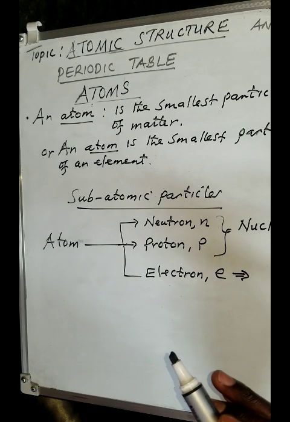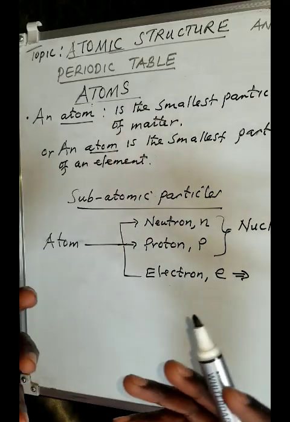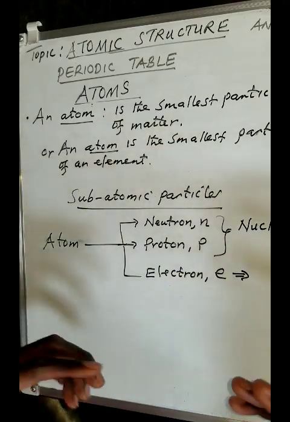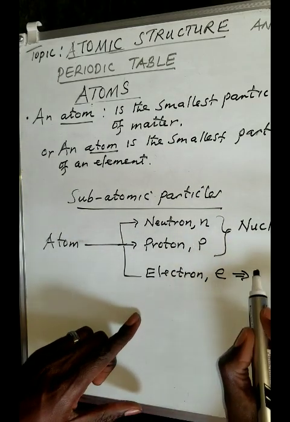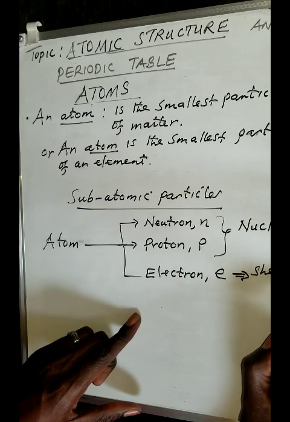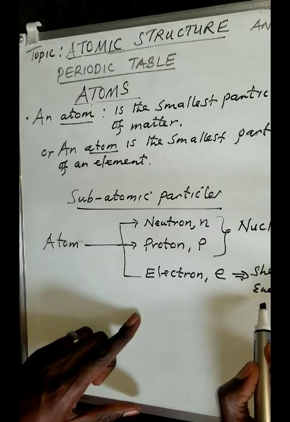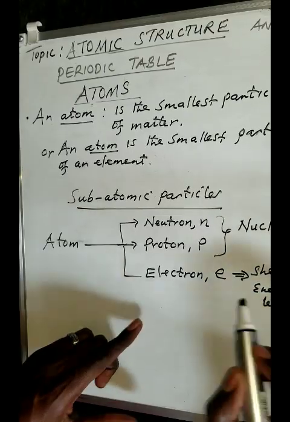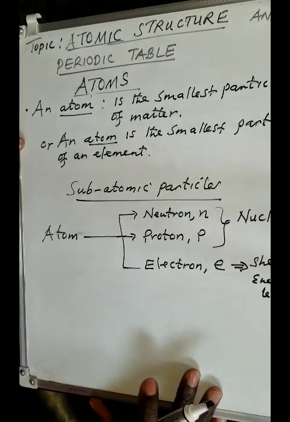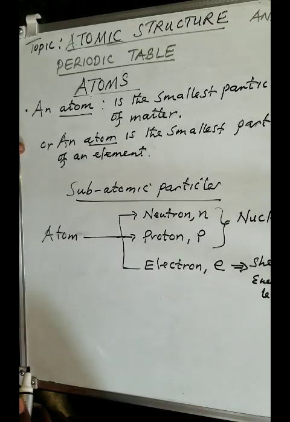So they are located in an electron cloud of particles, and that electron cloud of particles is what we call a shell. Sometimes it is called an energy level, because the energies are going to be different. So these are the subatomic particles that you need to remember.